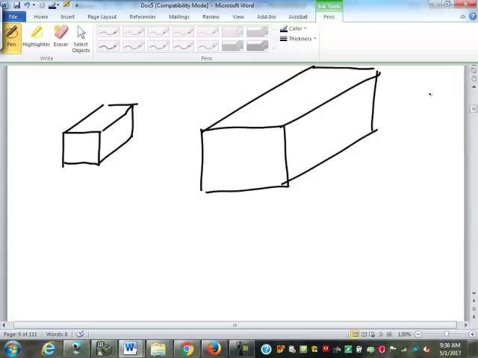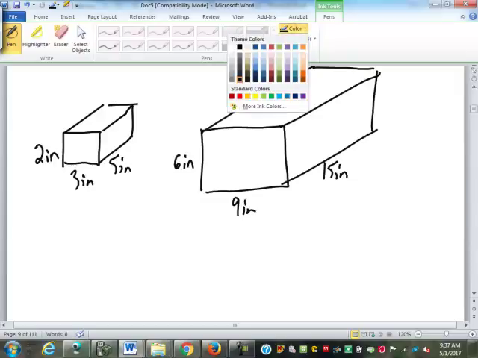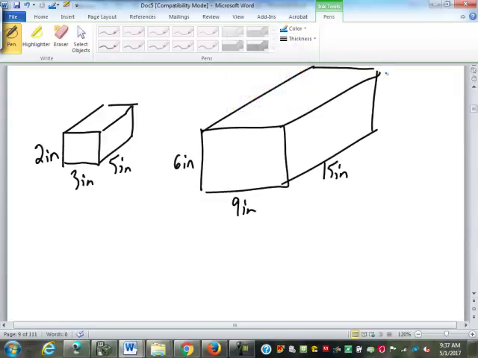Let's say I have a box, and the sides on this box here are 2 inches, 3 inches, and 5 inches. And this one is 6 inches, 9 inches, and 15 inches. Those boxes are similar. You can see every side is multiplied by 3.